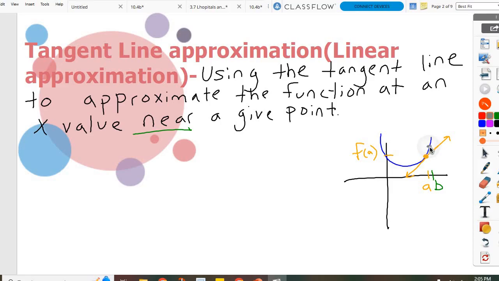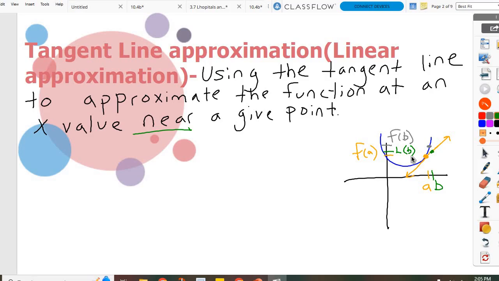So the actual f of B would be here, but what we're going to do is use L of B, where L stands for linear approximation.